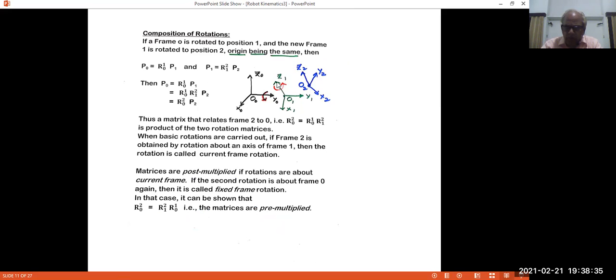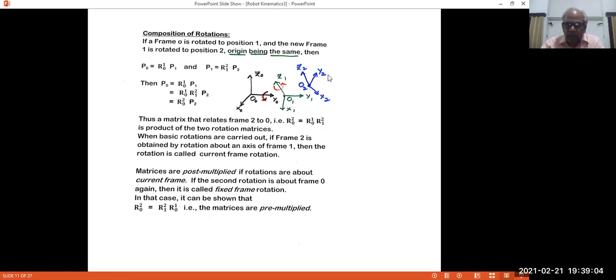We know a point P1 can be related as P0 equals R10 P1. Similarly, you can relate these two frames as P1 equals R21 P2. So in the place of P1, you substitute this, and then you will get P0 equal to R10 into R21 P2.